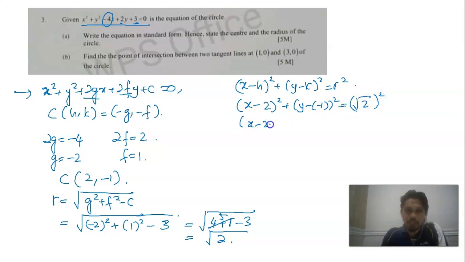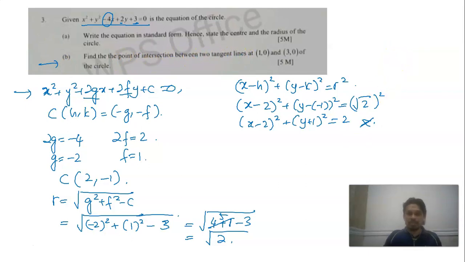So then x minus 2 squared plus y plus 1 squared equal to 2. Okay, there you go.